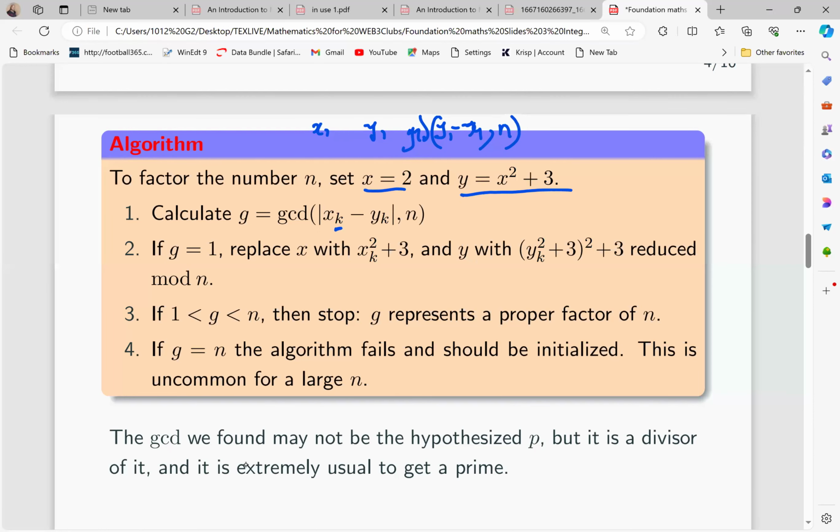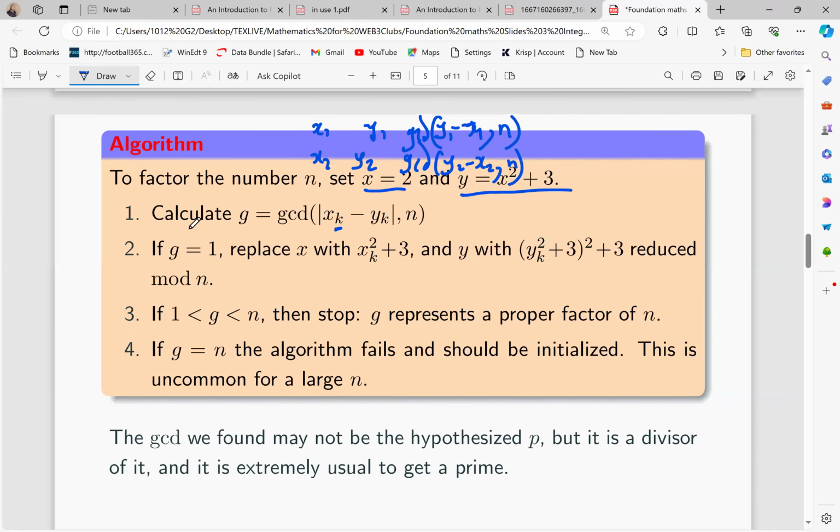So in short, instead of saying x1 and y1, and then x2 and y2, and again finding the GCD of y2 minus x2 with n, instead of writing all of this, the 1s, 2s, and 3s, I call them k.